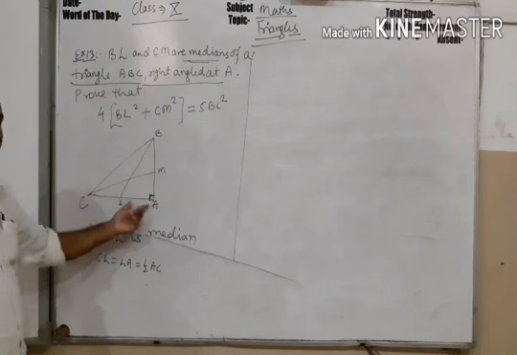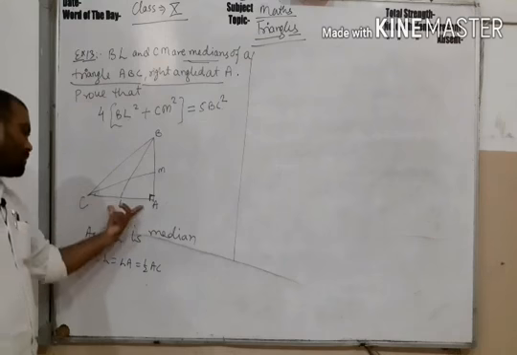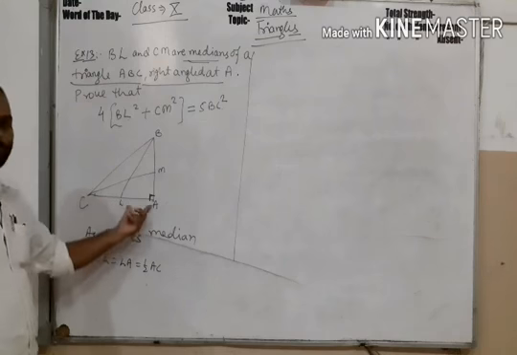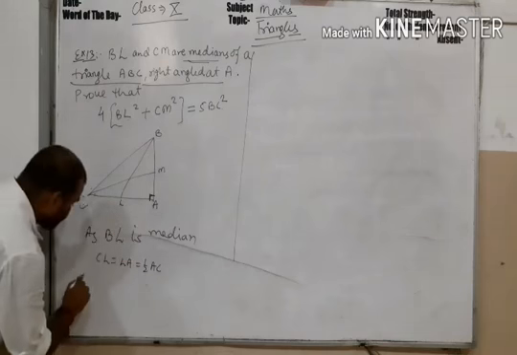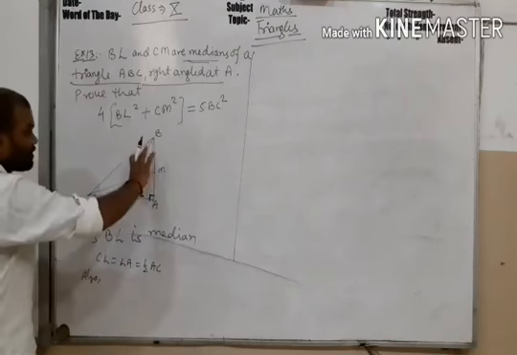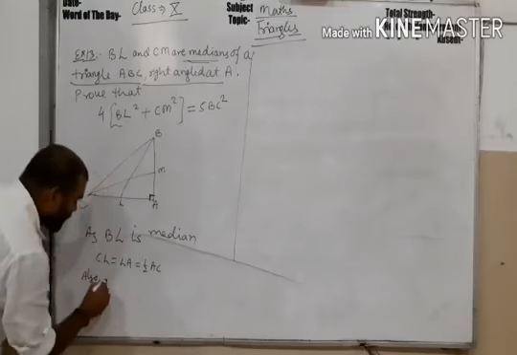Now these both parts are equal, means half of AC. So this also is half of AC, this also. Similarly, this CM is median.